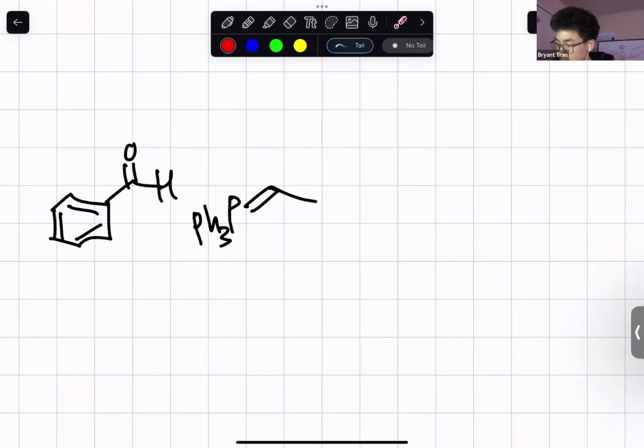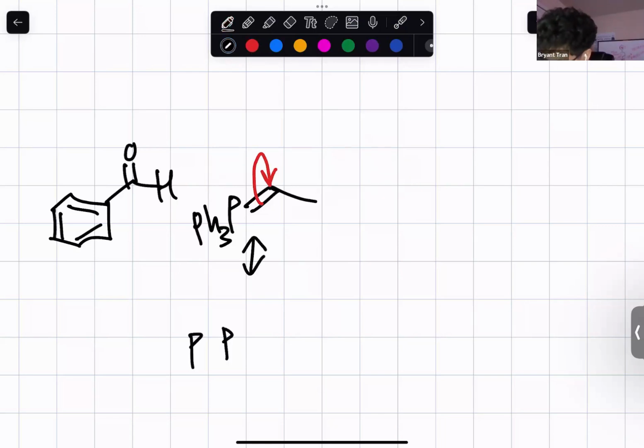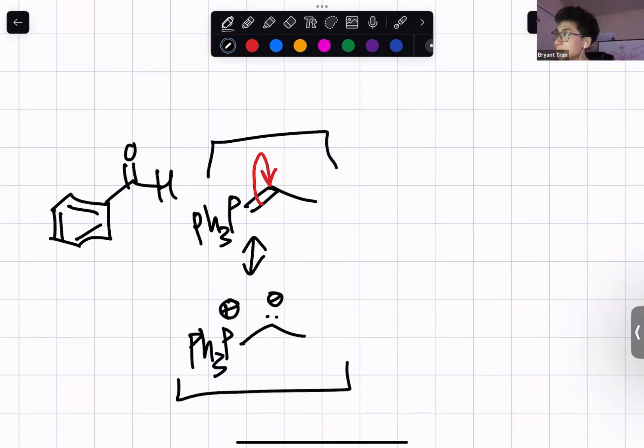I'm going to draw the resonance structure of this ylid where I'm going to push the 2 electrons of that bond onto the carbon to give that carbon a pair of electrons and a negative charge, which would give this phosphorus a positive charge like that. Okay, now this carbon here with the negative charge is my starred atom, which is my nucleophile. This carbon here is my dot carbon, which is my electrophile.